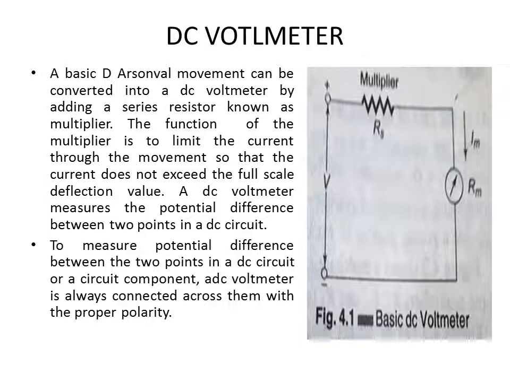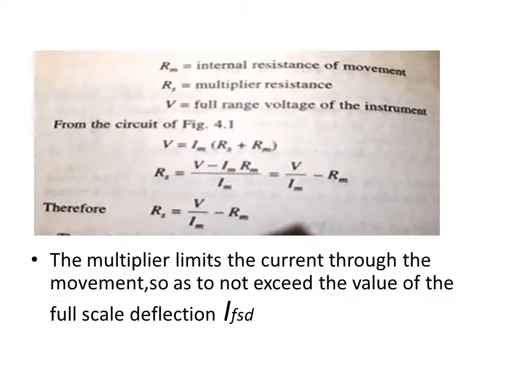To measure the potential difference between 2 points in a DC circuit or a circuit component, a DC voltmeter is always connected across them with the proper polarity. So when we have to calculate the potential difference between 2 points in a DC circuit, we have to connect a DC voltmeter across them with proper polarity.